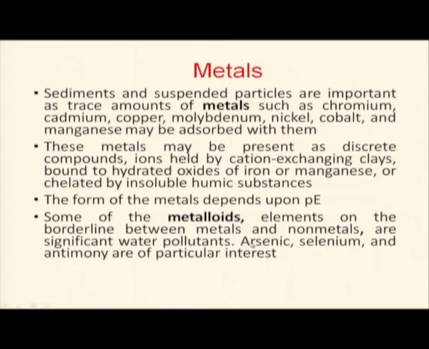Especially, any element with a higher oxidation state will usually be present as an oxyanion. The higher the oxidation state or valency of the particular element, like arsenic 5 or 3, similarly phosphorus, molybdenum, chromium 6, whatever anions will be present as oxyanions in the aquatic environment, like arsenate, chromate, etc., are examples of this.